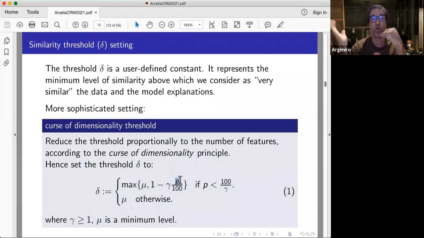If it grows beyond a certain proportion, say beyond 0.8, then you just take your minimum level. Otherwise, you take your delta proportional to your number of features. If your number of features is low, then you can be a little sharper and take higher values of delta.